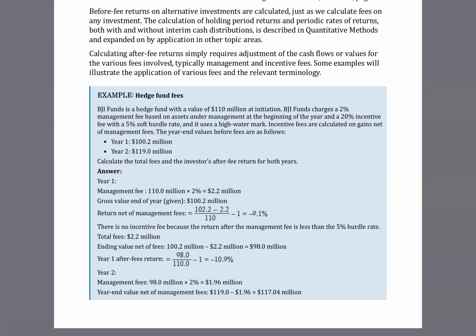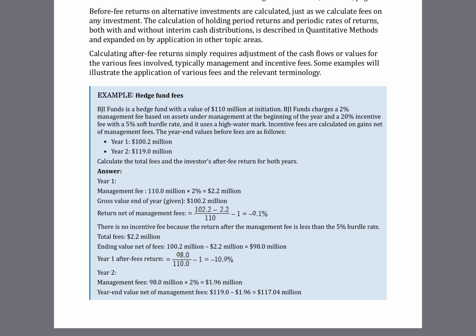When I want to look at that one alone as a return, I'm saying that at the end of the period, I gave you 110 million and you were only able to transform the 110 into 102.2. Are we there? Yeah.